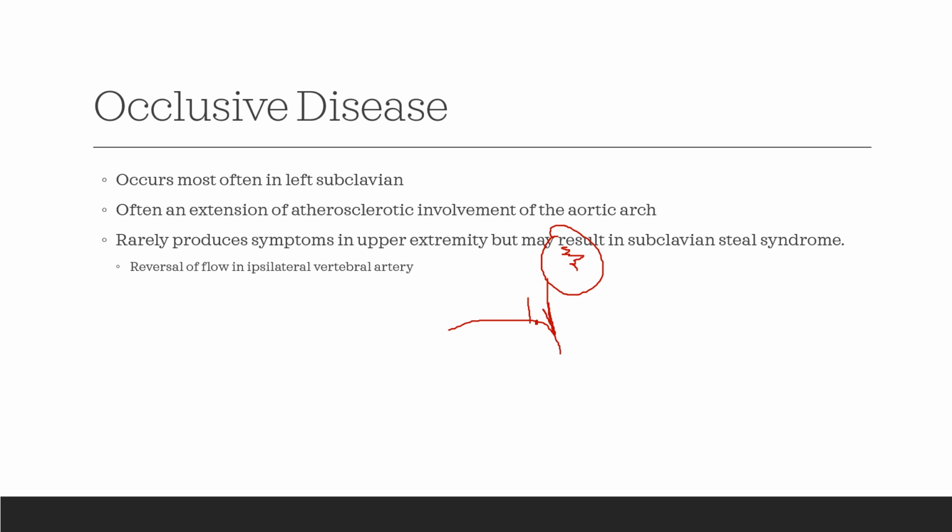Usually my vertebral comes off that subclavian, comes up in my basilar portion and feeds the back of the brain. But in this case, because that vertebral artery isn't getting any blood flow due to the subclavian occlusion, the blood flow from the carotid will reverse course and go retrograde in that vertebral artery and end up going down to feed the arm. So that's a subclavian steal.